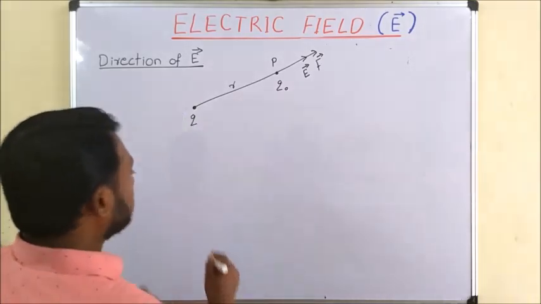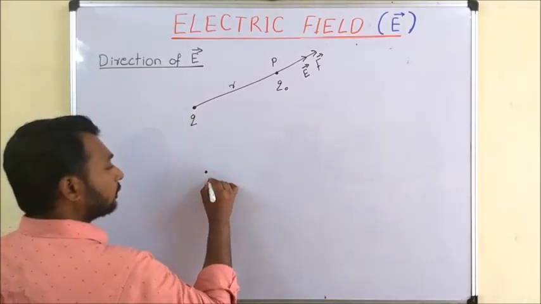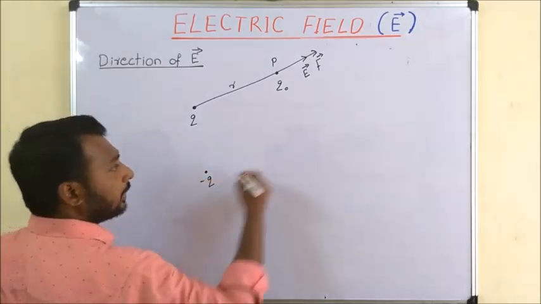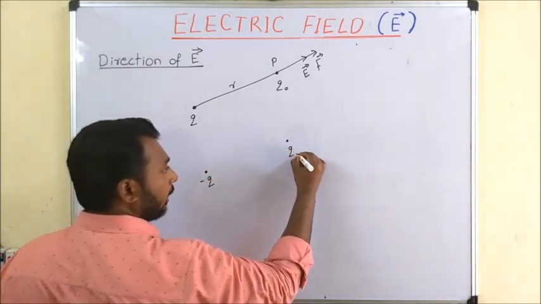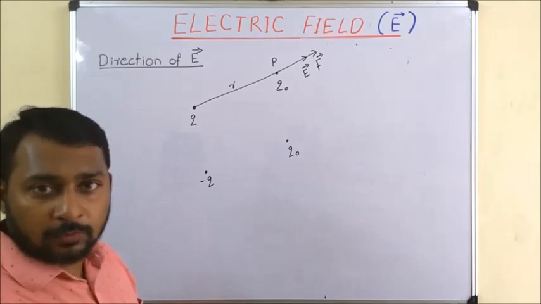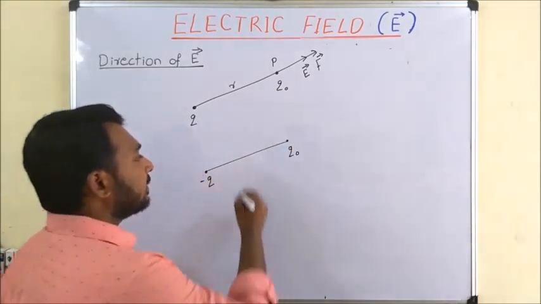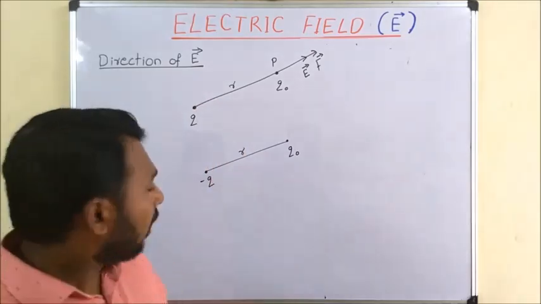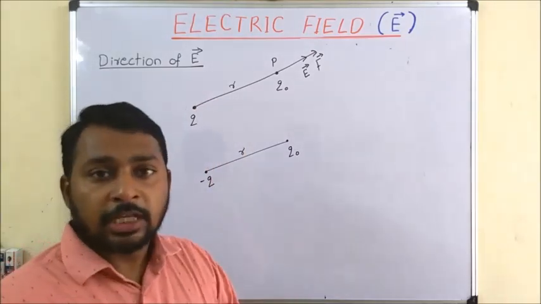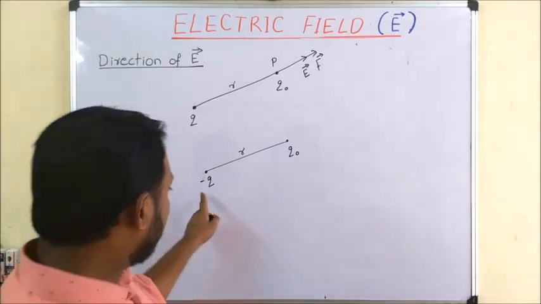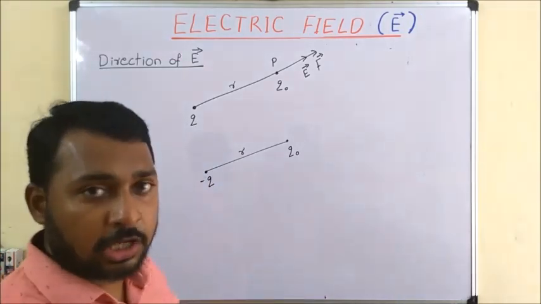Suppose this charge is a negative charge, minus Q, and we have a test charge Q naught over here, and this is the distance. What will be the action between them? It will be attraction, because negative and positive, unlike charges, attract.